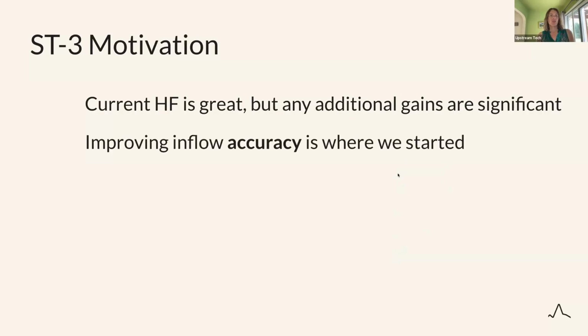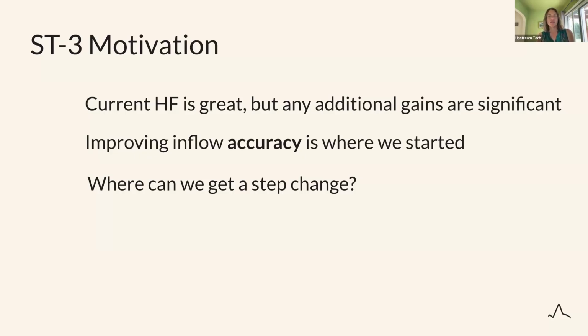And so really where we started, why we're building ST-3, at the heart of it is improving accuracy. We asked ourselves, all right, if accuracy is what's most important, where can we get a step change? We've already squeezed a lot out of our machine learning model, and we were able to show good accuracy over a 10-day period, but we want more and our customers want more.